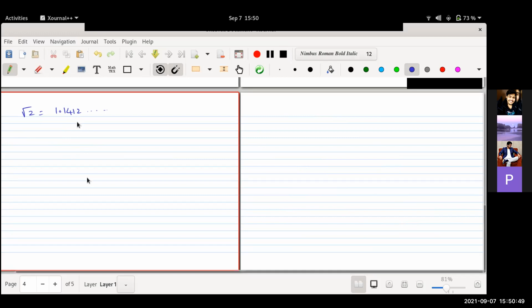I can start from 1, then I will say 11 by 10, then 114 divided by 100. Like this, we can go on giving you this expression. So these belong to Q, but this converges to some place, and that something is actually represented by this symbol.